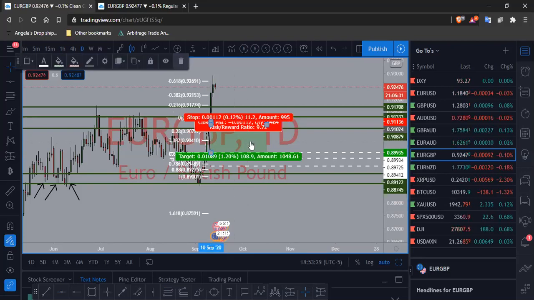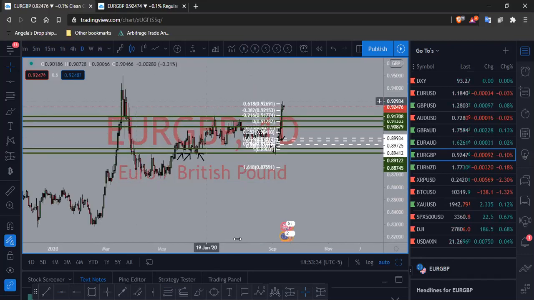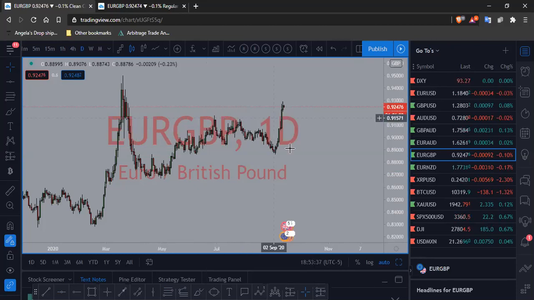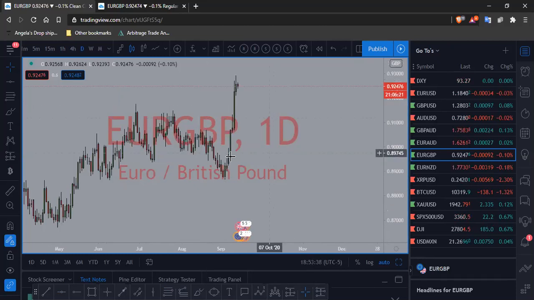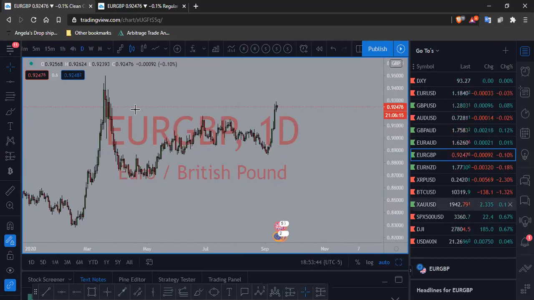It was only 11 pips stop loss, but it obviously destroyed that. Going to go ahead and remove all of that. This was an amazing buy. 1, 2, 3, 4, 5, 6, 7, 8, 9 days, or of course where our price is currently at. That's 9 days.